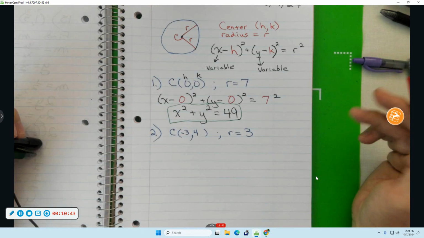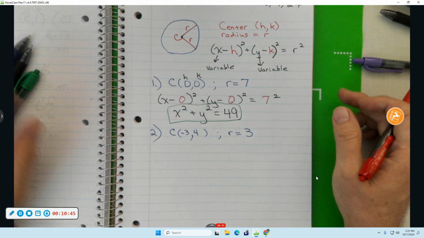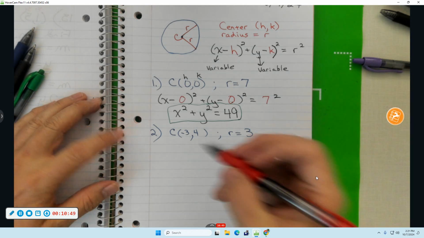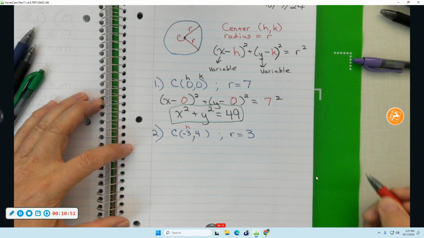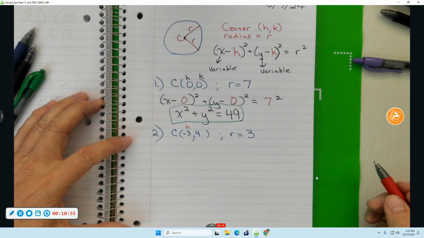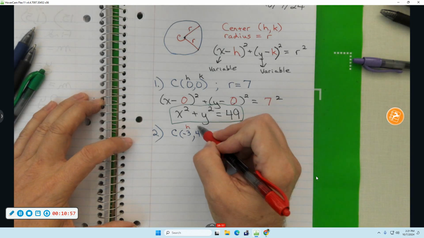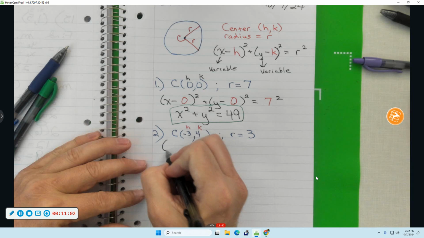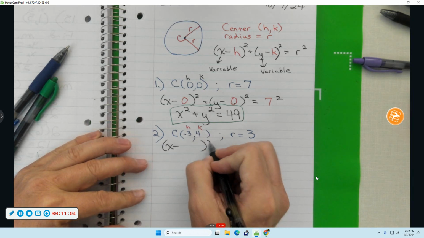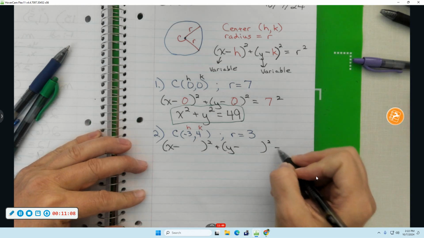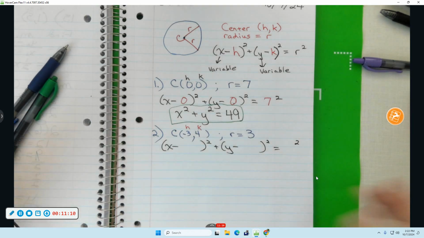What number is acting like h in this case? -3 is my h value. What number is acting like my k value? 4. I agree. So we have x minus, y minus, we have that square.